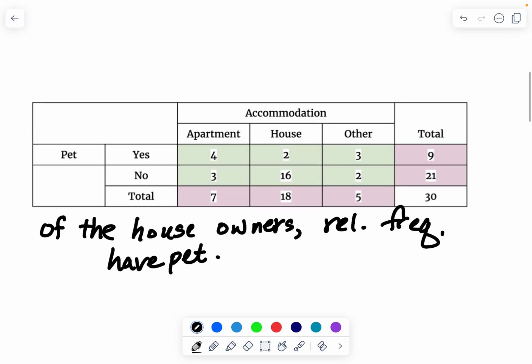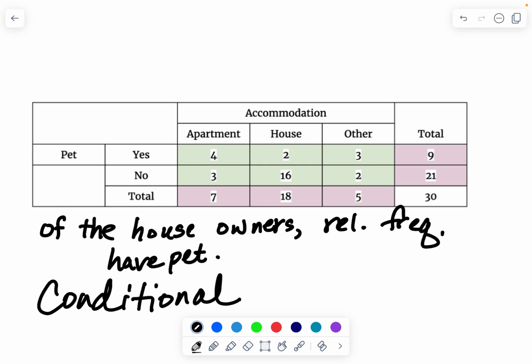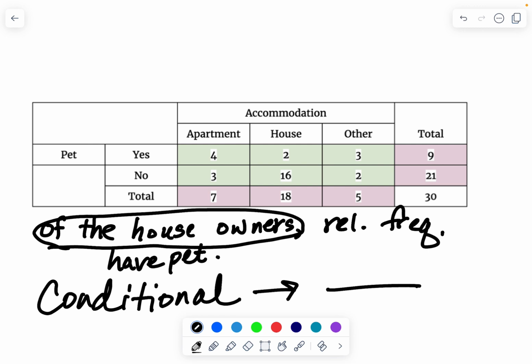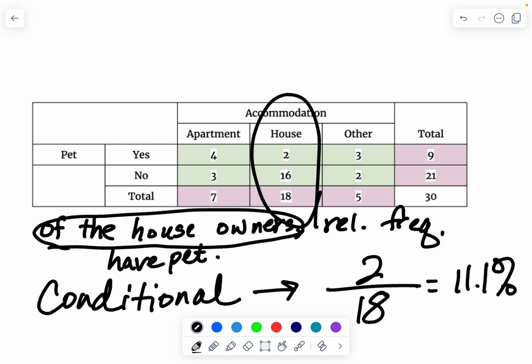So the difference between conditional and the other types of relative frequency is that you are not looking at the total, but you're looking at a certain category of the house owners. So we're only talking about 18 people there. What percent have a pet? It'd be about 11.1%, 2 out of 18.